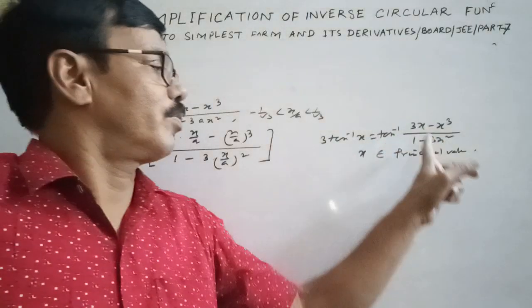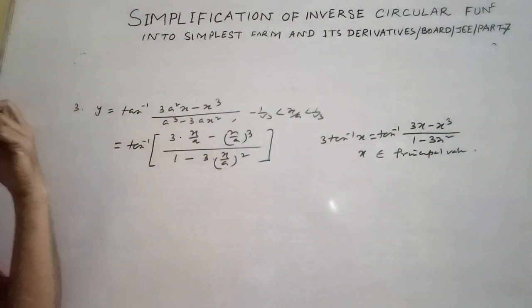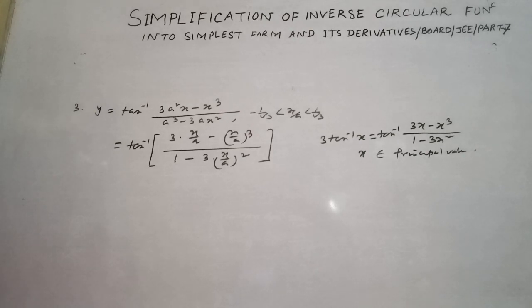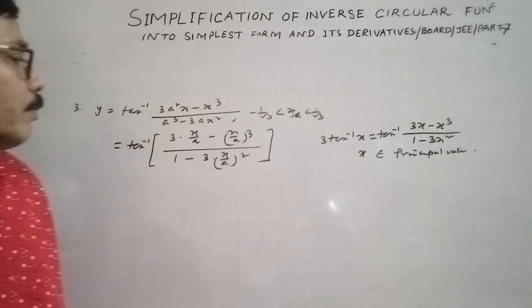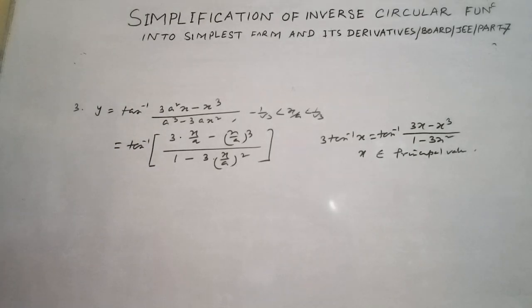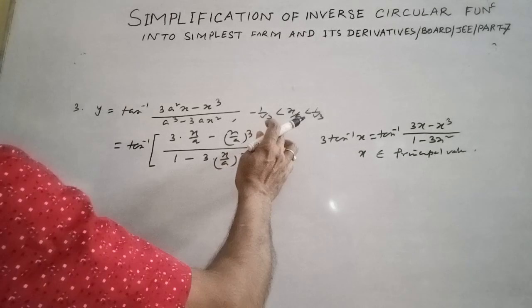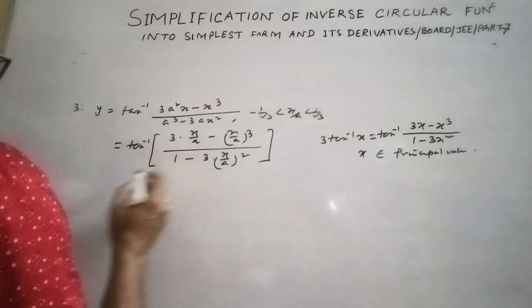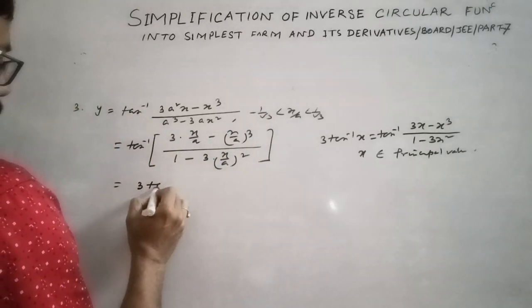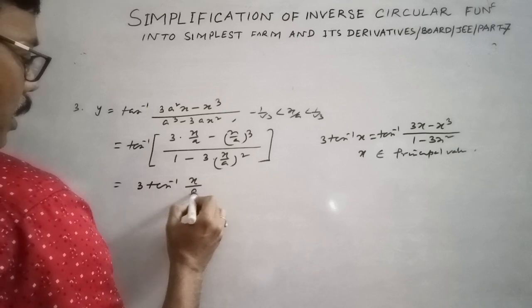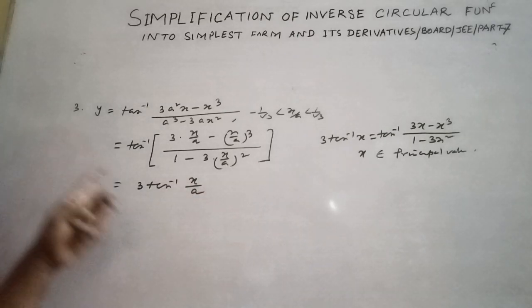Look, x is replaced by x by a. So it is 3 tan inverse x by a. So this is the simplified form.